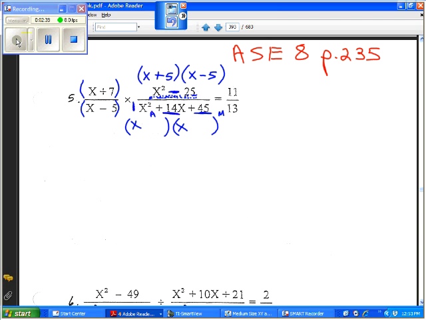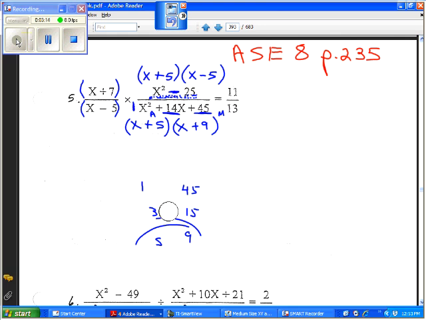And the answer is, well, let's look at the factors of 45. 1 times 45, 3 times 15, 5 times 9. What can you multiply to get 45 and add to get 14? So we just put a plus 5 and a plus 9. That's when a is 1. If a was not 1, we'd have to do the whole AC method process. Okay?